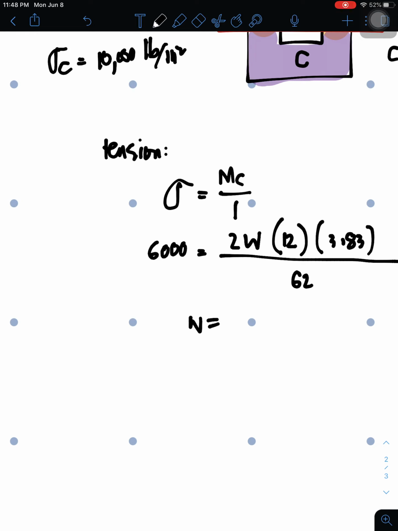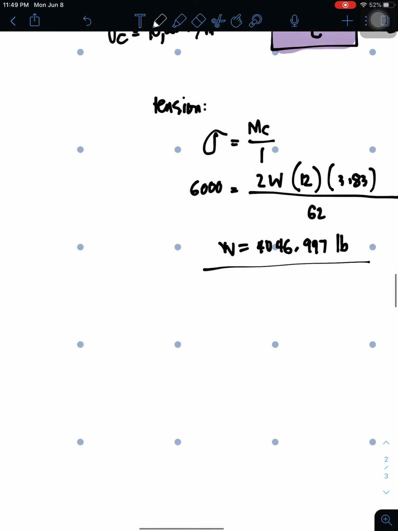And we will obtain another value of W: 6,000 times 62 divided by 2 divided by 12 divided by 3.83. It's 4046.997 pounds.